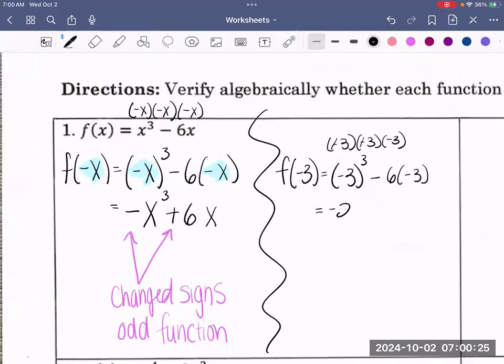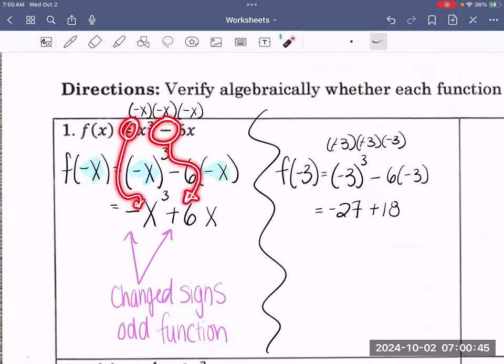So we really get negative 27. So the negative comes out; it does a sign change. And on the other one, negative 6 times negative 3 will then make it positive. So they have swapped their signs. This first term was positive and it's now negative. This next term was negative and it's now positive. So therefore, it's an odd function.